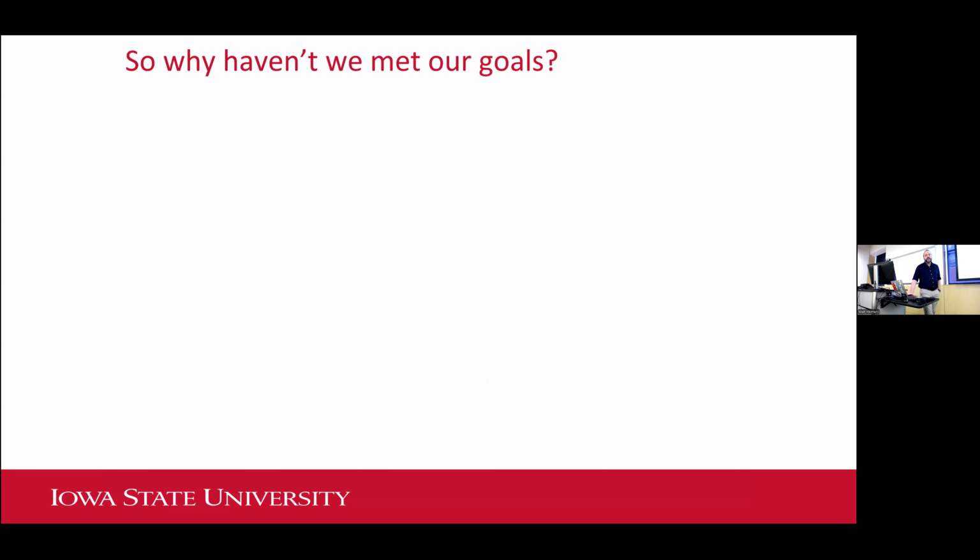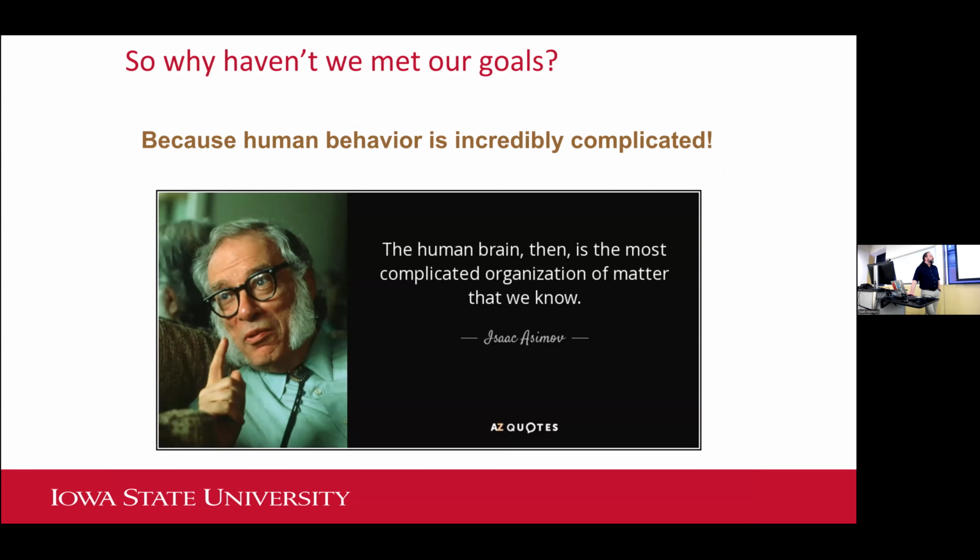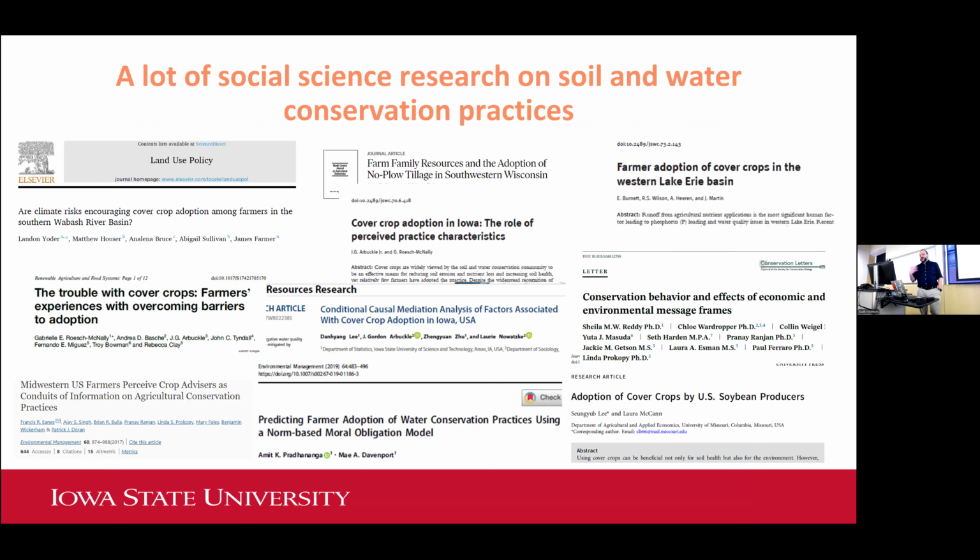So why haven't we met these goals? Well, the fact of the matter is humans are really complicated. Human behavior is incredibly complicated. And as Isaac Asimov said, the human brain is the most complicated organization of matter that we know. This is where folks like me come in, and not just me.